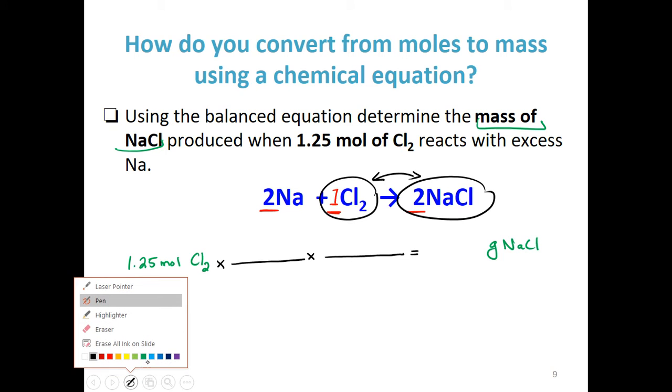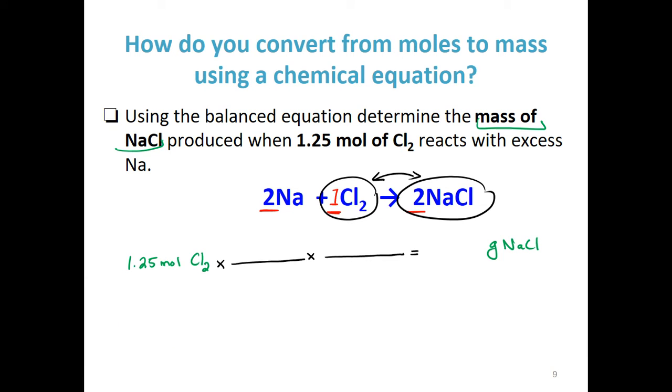Okay, so let's write the mole ratios for this. The two mole ratios are 1 mole of chlorine over 2 moles of NaCl, or 2 moles of NaCl over 1 mole of chlorine.